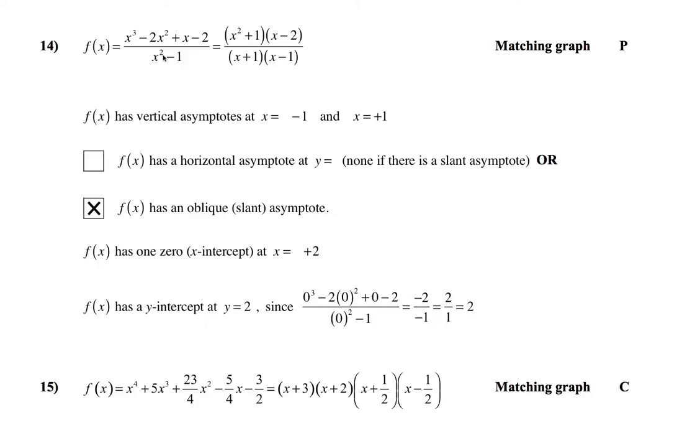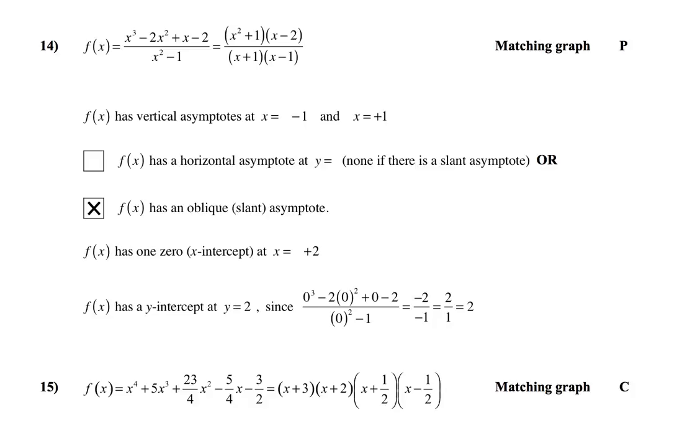The x-intercept is +2, because +2 minus 2 is 0, and x squared plus 1 cannot be factored. So we have only one x-intercept, only one 0 at x equals +2. And finally, the y-intercept is 2, because when we substitute a 0 in for all the x's, we get -2 over -1, which is the same thing as +2 over +1, which is 2.